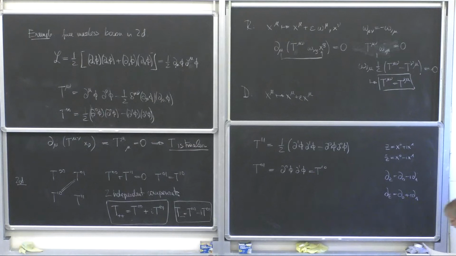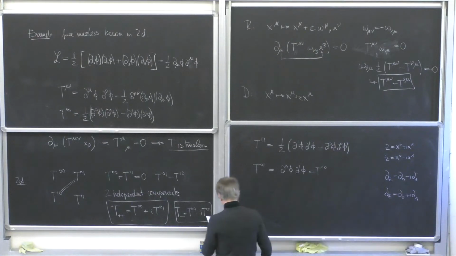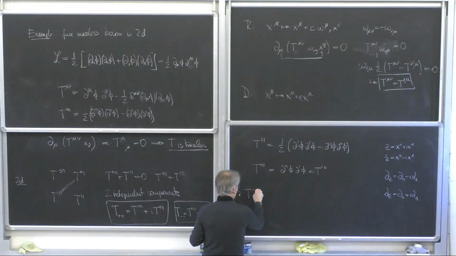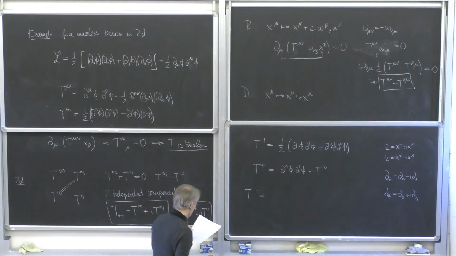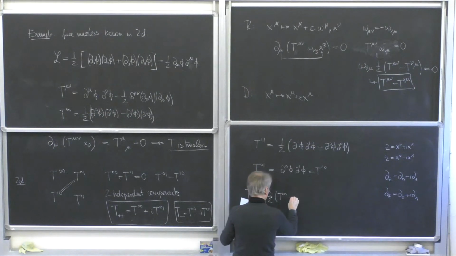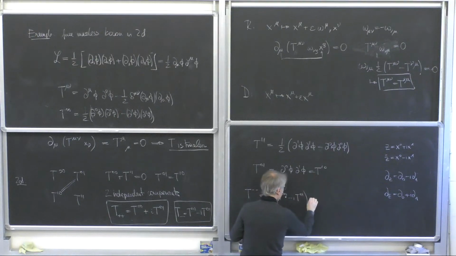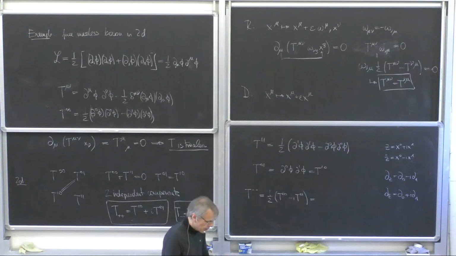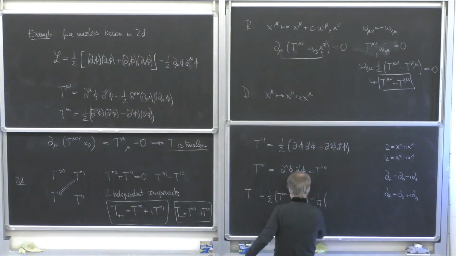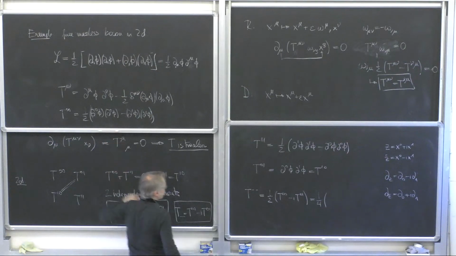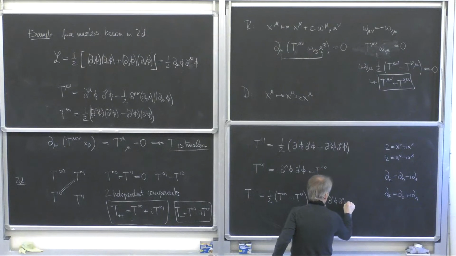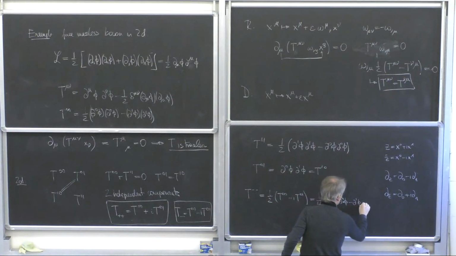And then it'll be convenient to define the components, T minus minus, which is a half times T00 minus i times T01. So what is this? This is a quarter times d0 phi minus d1 phi.